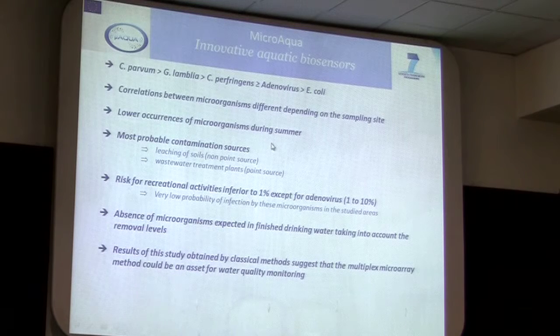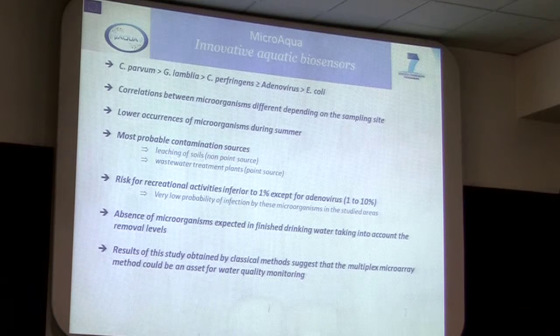Lower occurrences of microorganisms occur during summer, and it's a good thing because it's in summer that there's a maximum of recreational activities. The most probable contamination sources are the leaching of soils or the presence of wastewater treatment plants near the sampling site.